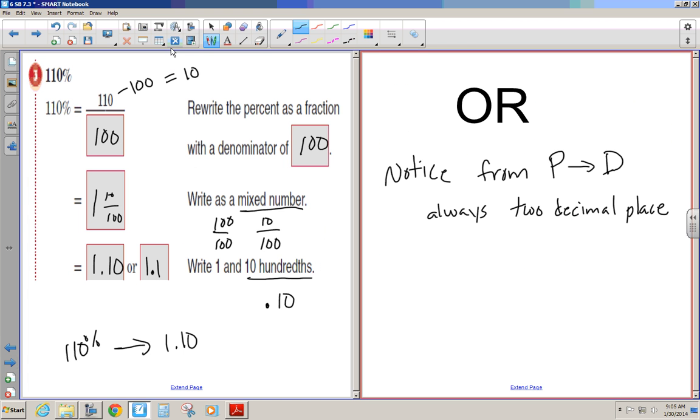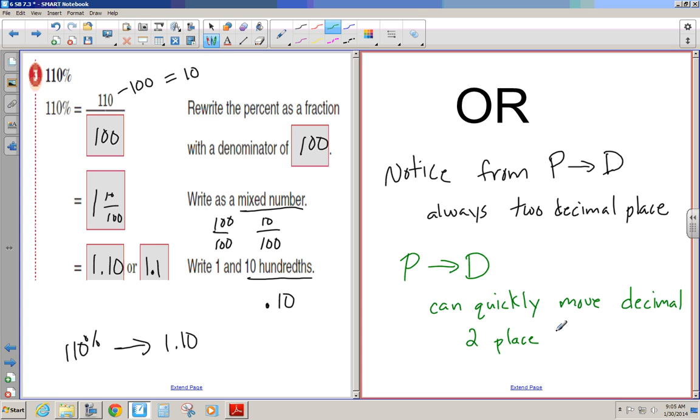Because of the or here, when going from percent to decimal, you can quickly move the decimal two places to the left.